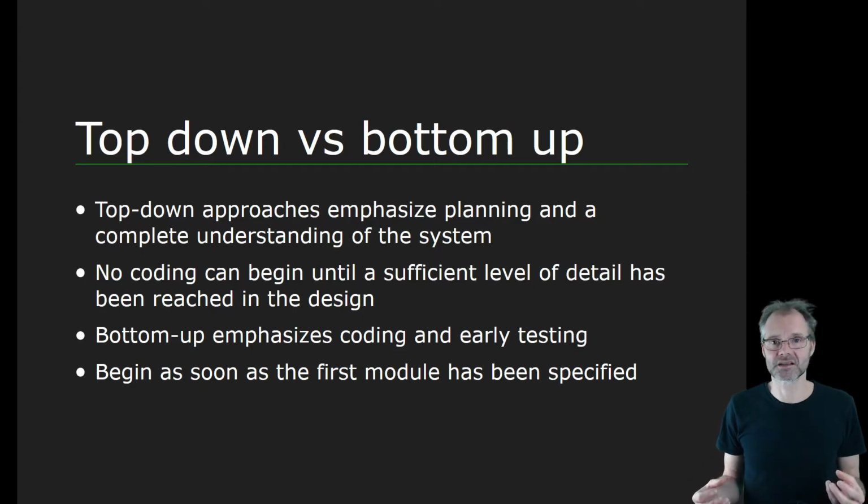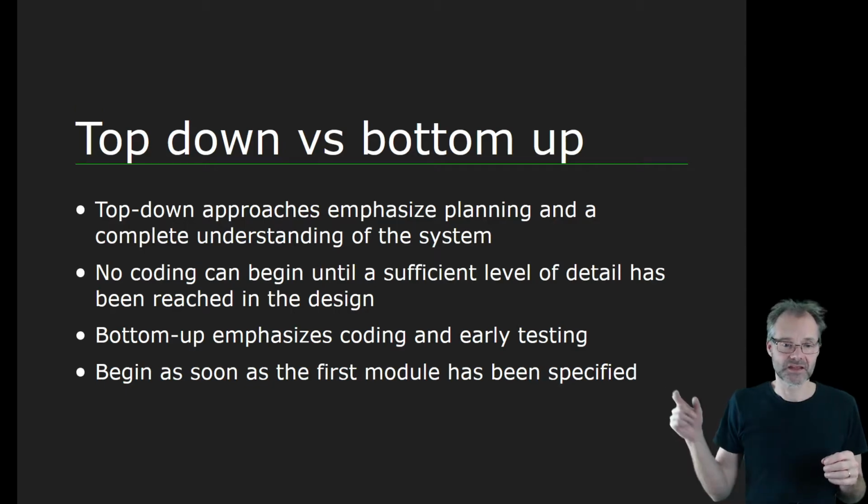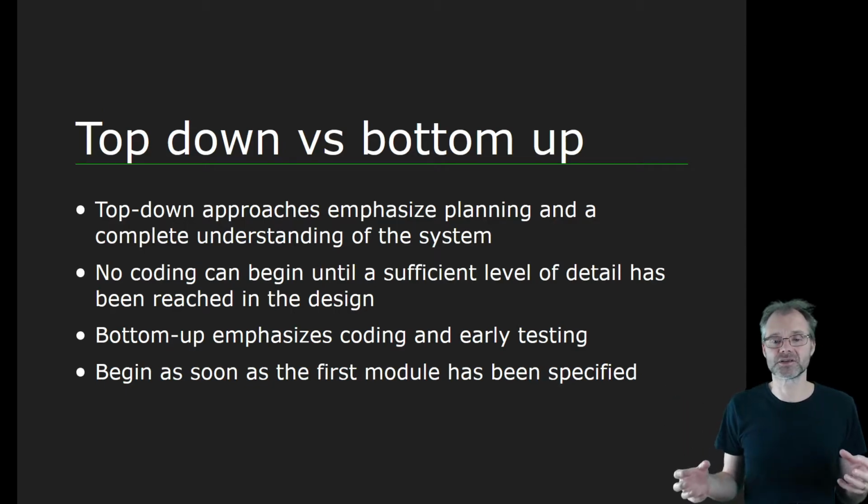We need to understand all the bits and pieces and the small subsystems. Then we can start coding. The bottom up, on the other hand, emphasizes coding and early testing. We're building these small pieces, we code them, we test them, we make them work, and then we integrate them to build them up. So here we can start coding as soon as the first module has been specified.